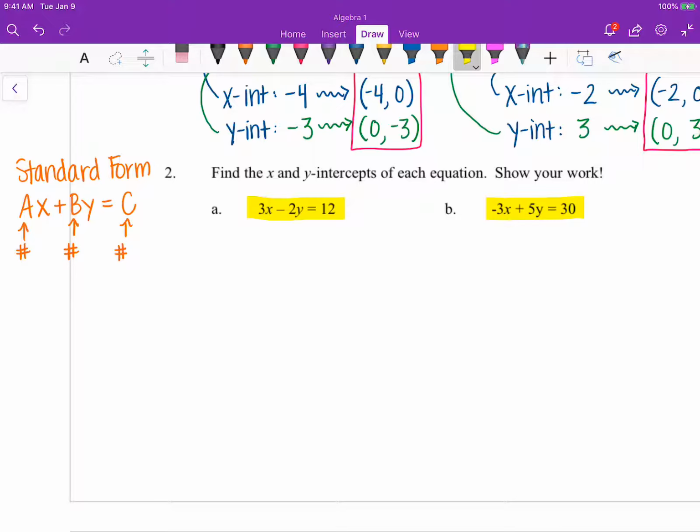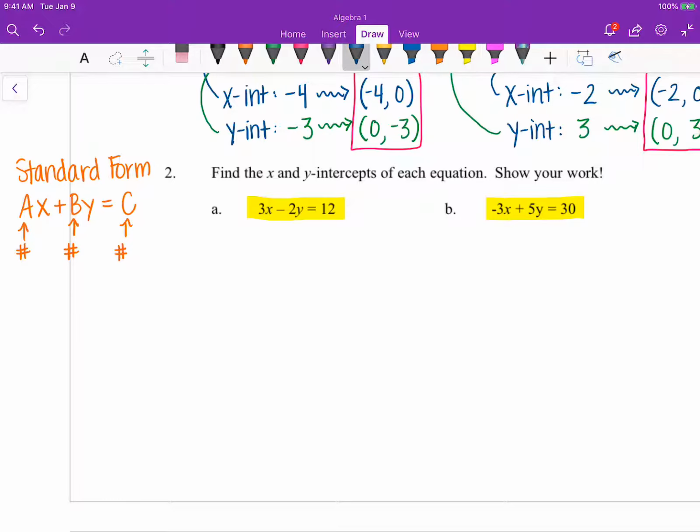If you're in standard form, finding your x and y intercept is really easy because you can use something called the cover up method, where you can cover up a piece of the equation and it very quickly gets you your x and your y intercepts with very little work shown, which is kind of nice. So here, I'm going to start the cover up method.